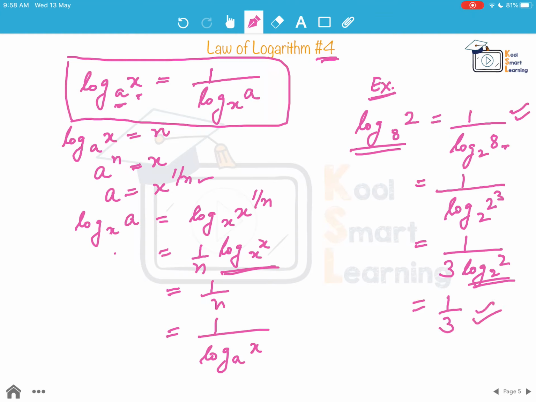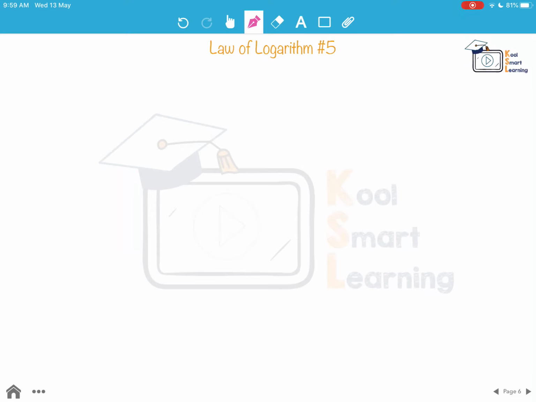Right? So this is how we use these properties for solving different logarithm based questions. Moving to the last property for this session, we'll cover the remaining properties in another session. Now this is the fifth property that we are discussing here.